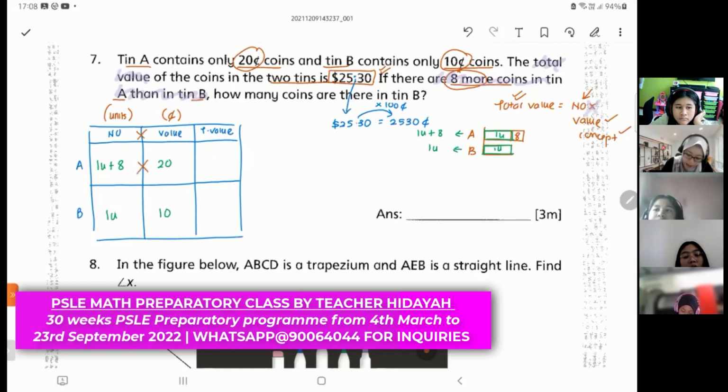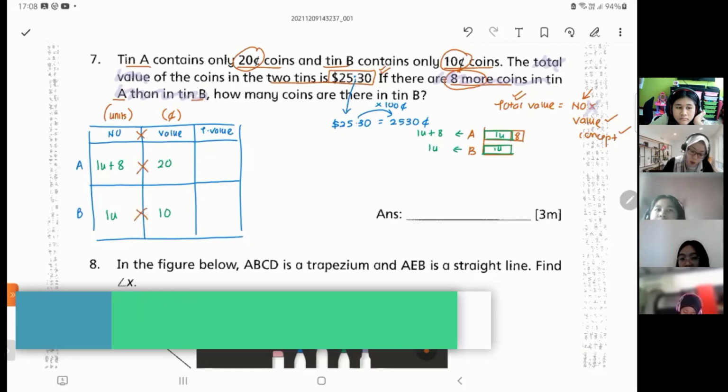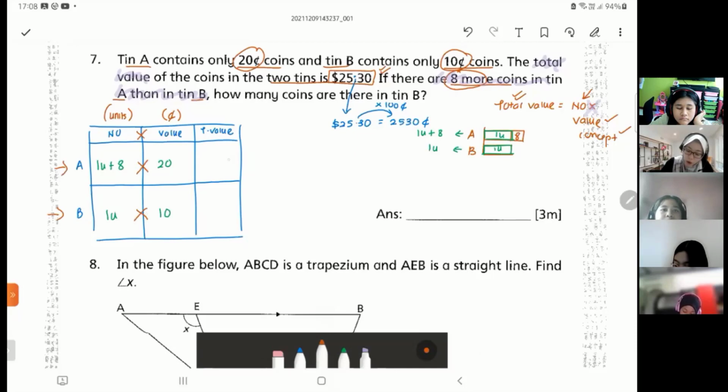So this one times this one. So go across to fill up the total, right? 1 unit plus 8 times 20 equals 1 unit times 20, which is 20 units, plus 8 times 20, which is 160. Okay. Now we are done with that.